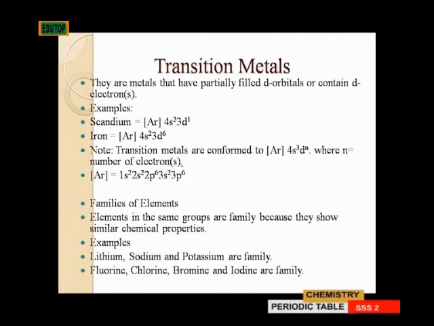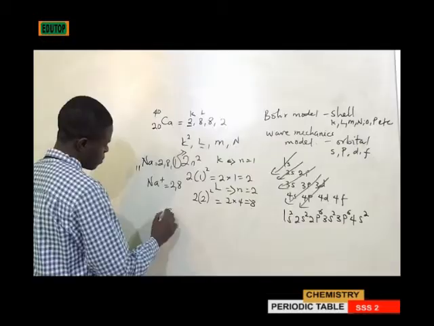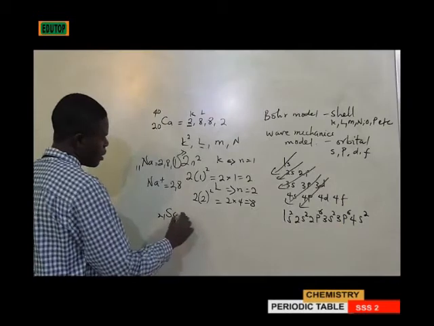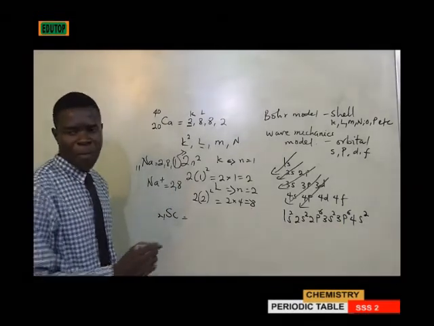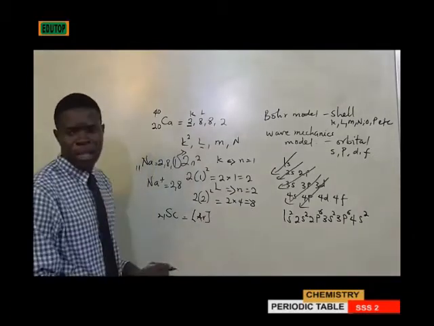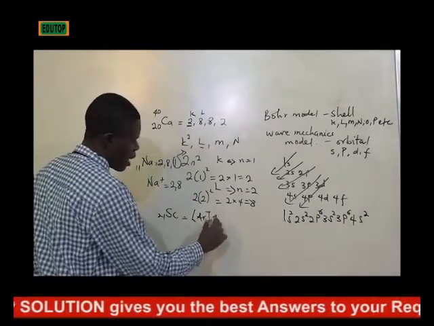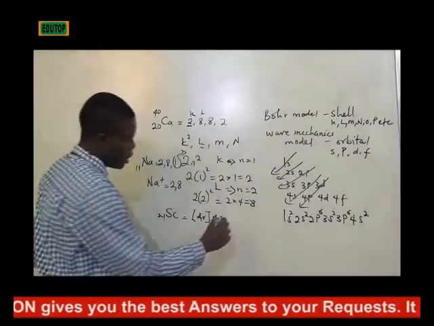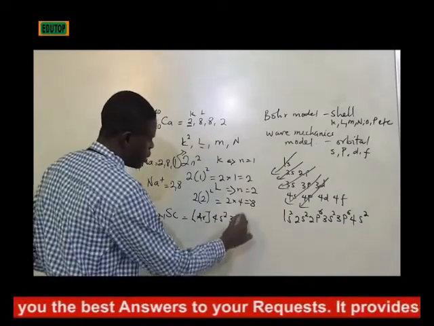Transition metals. They are the metals that have partially filled d orbitals or contain d electrons. Example, scandium. Scandium is 21. For scandium, you have the argon core, then 4s2, 3d1.